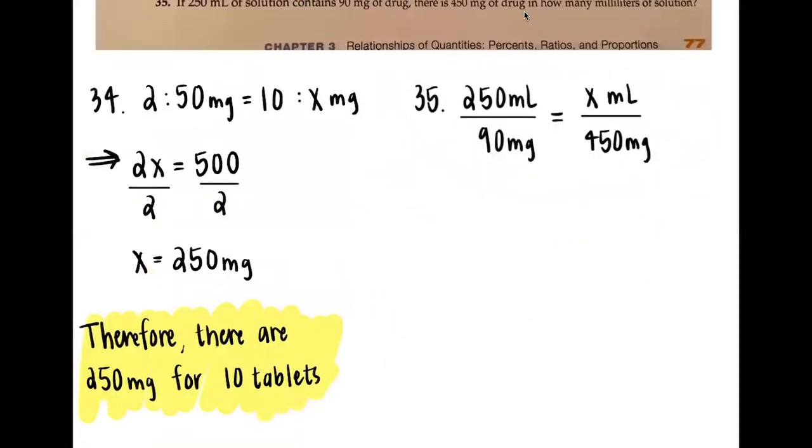Now we can go ahead and cross multiply to get our equation. So we'll have 90 times x, which gives us 90x, and 250 times 450, which gives us, let me make sure I write down the number correctly, 112,050.